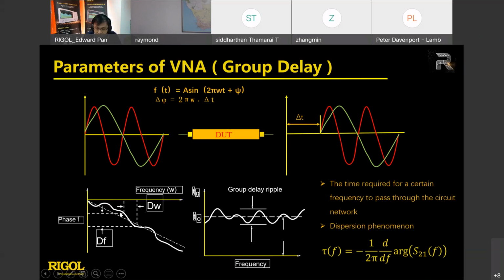If you get the tangent of the curve on the diagram, that gives the group delay information. And the phase delay gives the phase velocity information, which you can convert using angular frequency and wavelength. You can verify these parameters to check the dispersion phenomena, and the time required for a certain frequency to pass through the network.